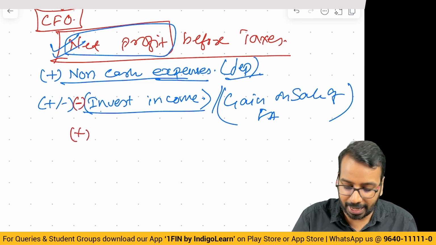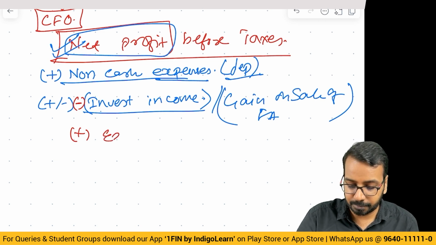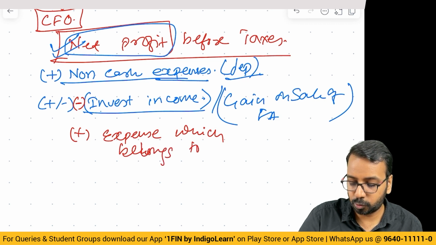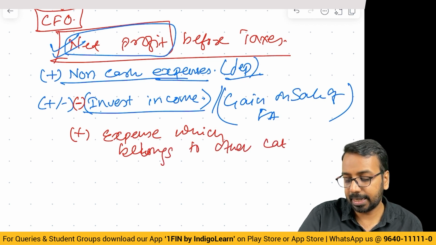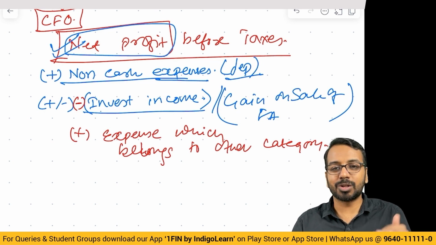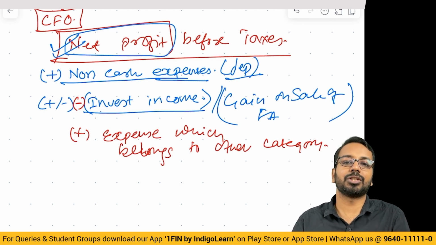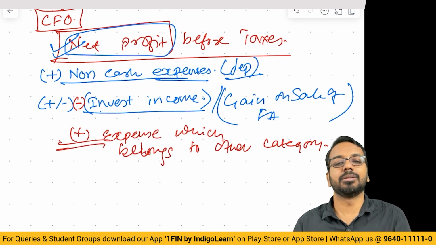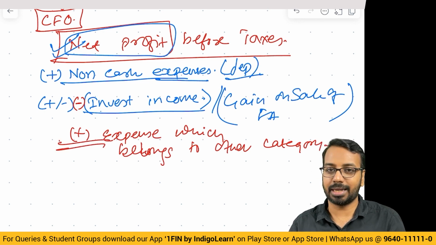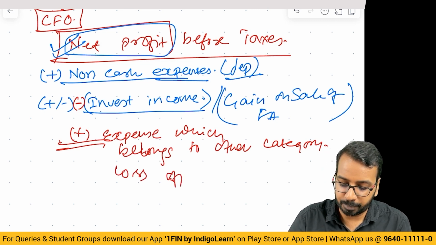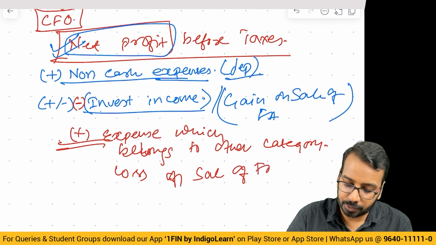I will add back any expense which belongs to another category. What would that be? Interest expense. Now that interest expense is not a part of my operating activity. What will I do? I will add back the expense which belongs to the other category. Okay. Similarly, there could be loss on sale of fixed asset.